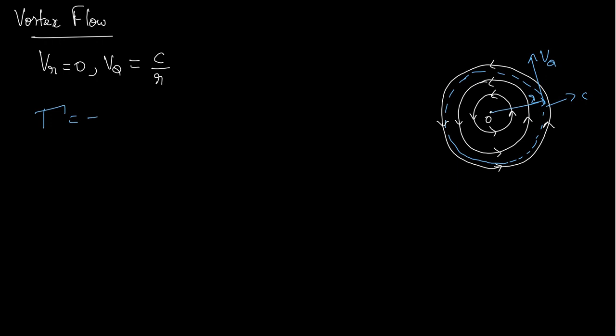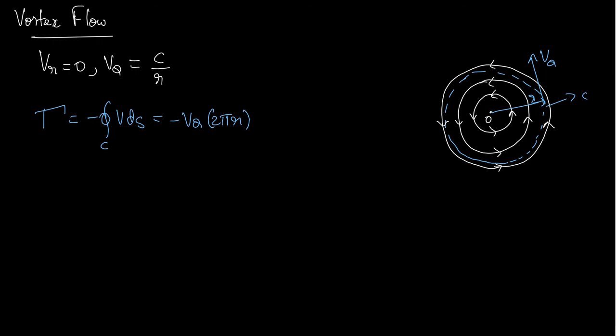The circulation is given by the closed line integral of V dot ds, which is minus V theta times 2 pi r, because the closed contour that I've chosen is C, a circle at an arbitrary small distance r from the point vortex.